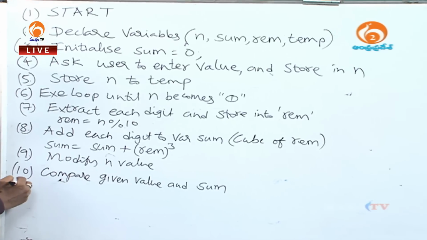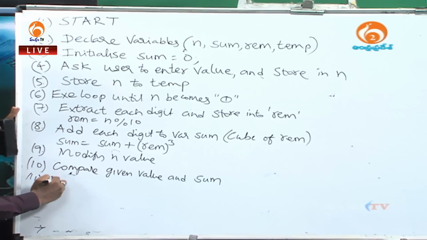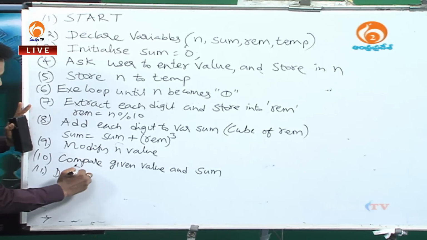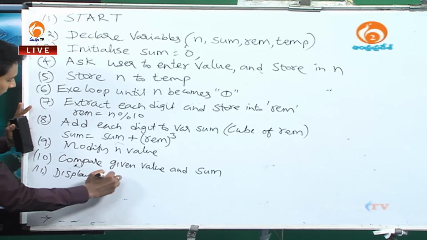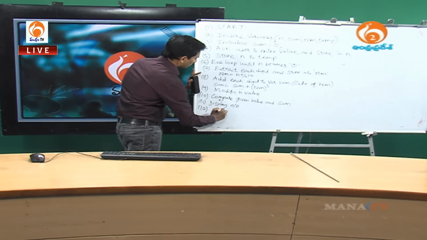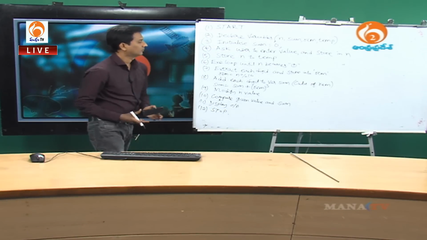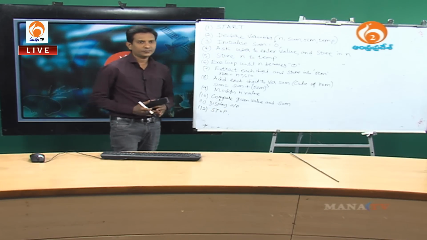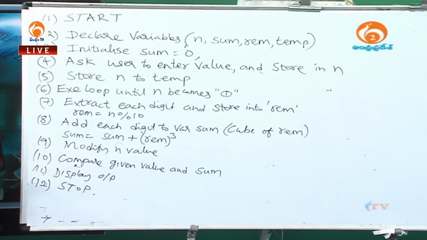Next, display output. Stop. These are the algorithm steps for checking whether it is an Armstrong number or not.